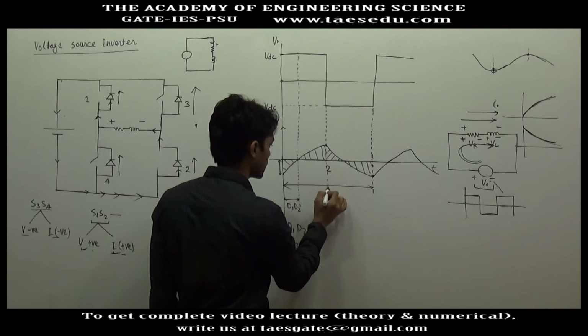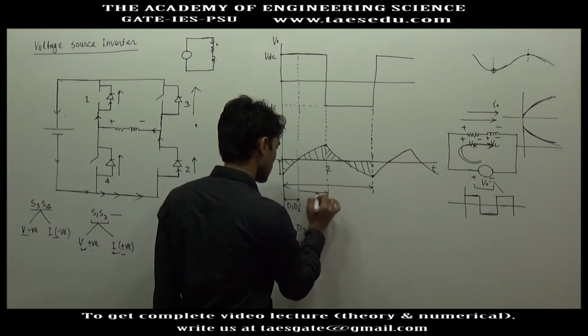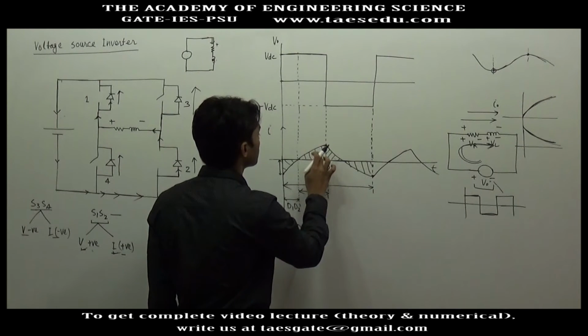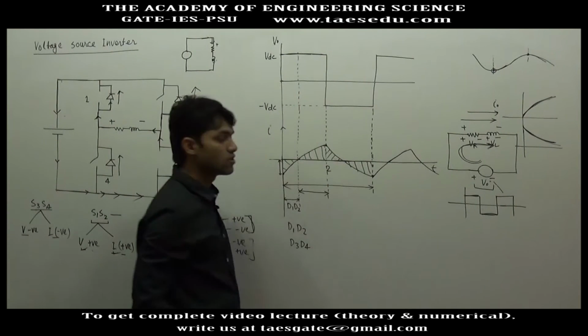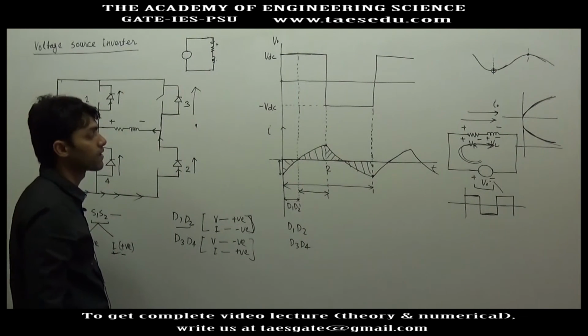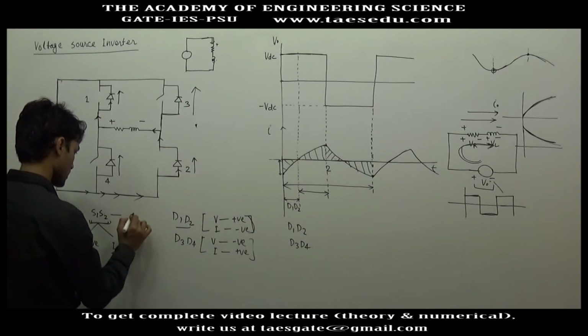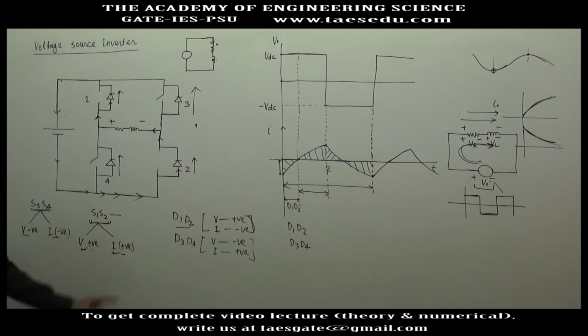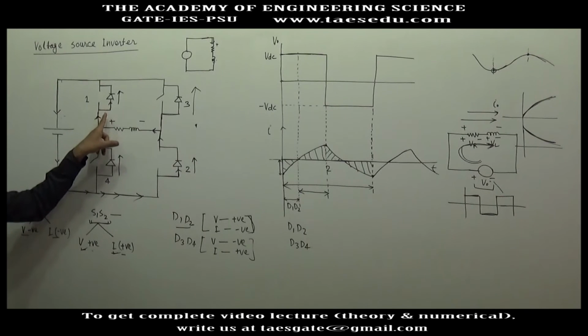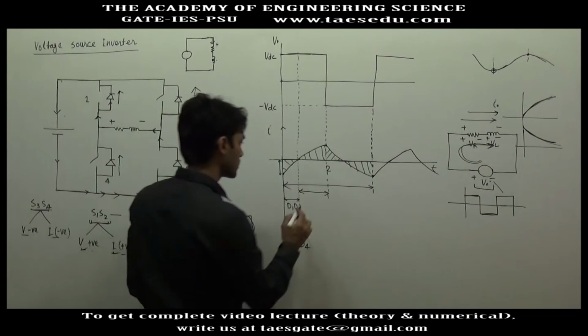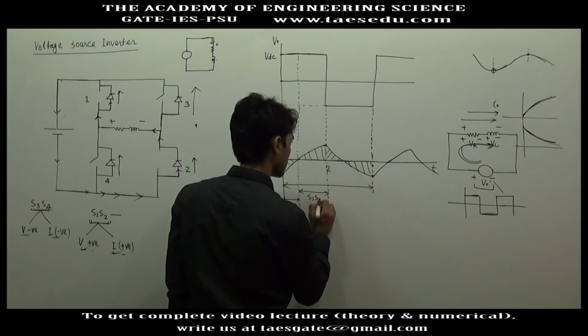Let's say this is the second interval. In the second interval, the voltage and the current have the same sign, so main switches will conduct. Main switches are S1 S2 and S3 S4. Since the voltage is positive, the positive leg has to conduct, so the main switches will be S1 and S2. Here S1 S2 are conducting.